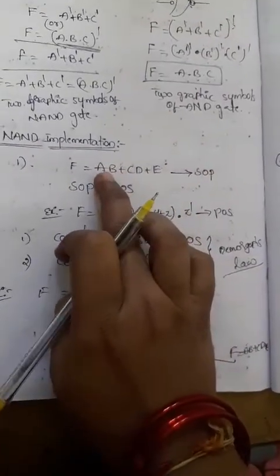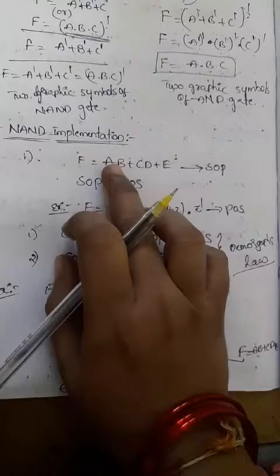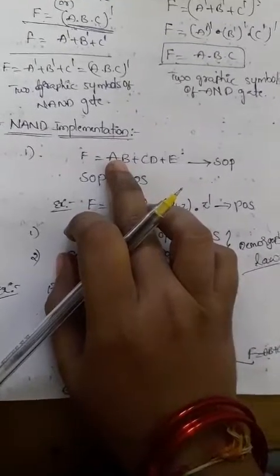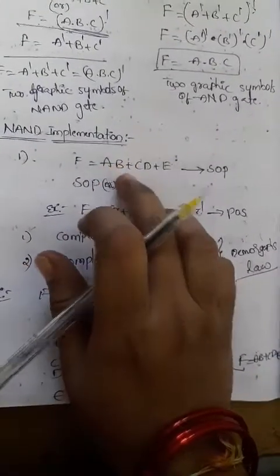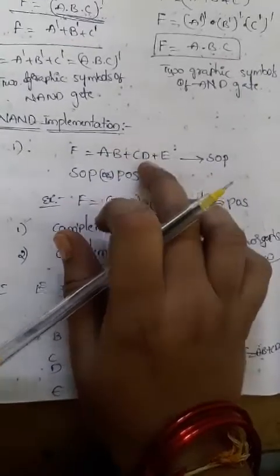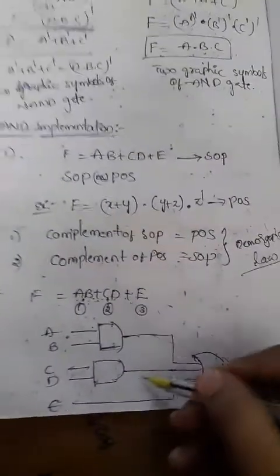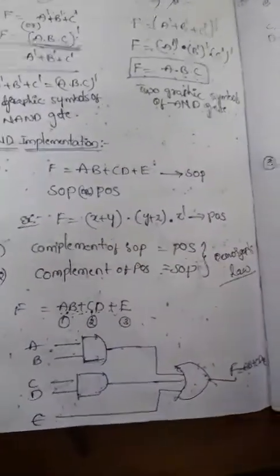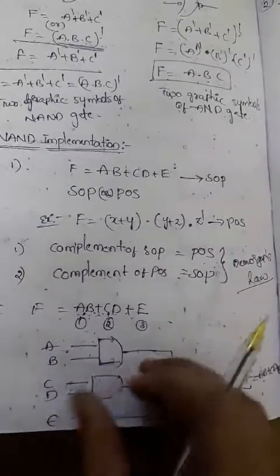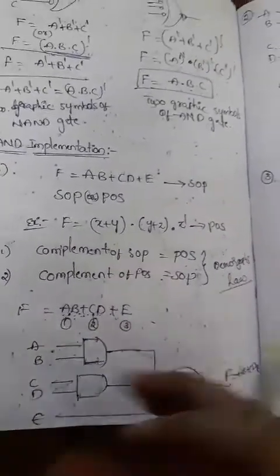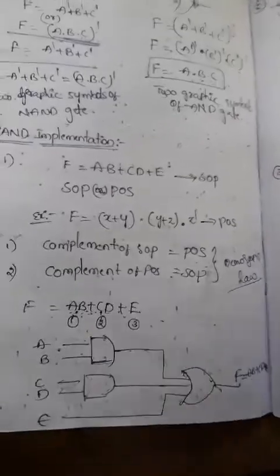Since it is in the form of SOP, we have sum terms and product terms. The product terms we can implement using AND gates, and for the sum terms we take OR gates, right? So like this, AND gates and OR gates. The next step is that these AND gates and OR gates will be converted completely into NAND gates.